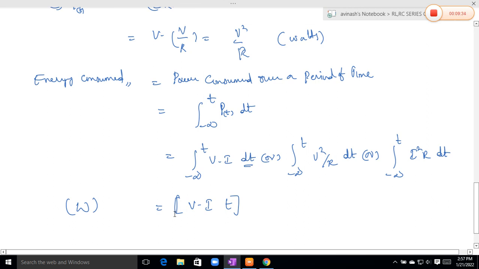If the voltage across the resistance is constant, then energy will be defined for t greater than or equal to 0.